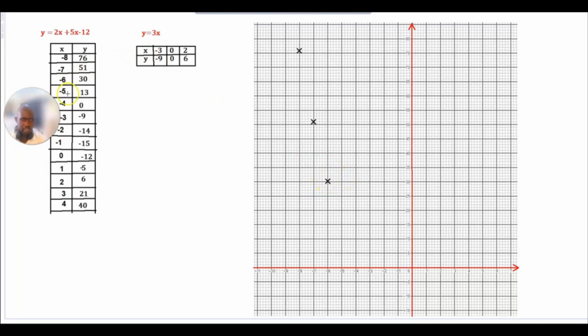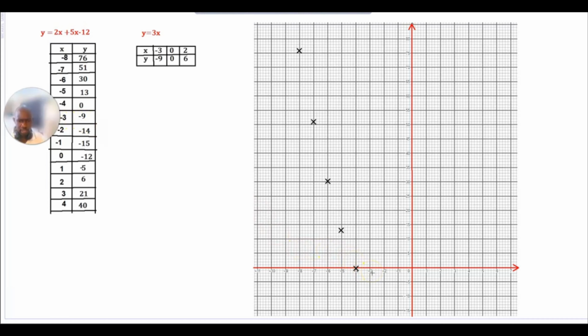When x is minus 5, y is 13. Here it is 10, 11, 12, 13. So here is the point. Then when x is minus 4, y is 0. So this is the point. And when x is minus 3, y is minus 9.